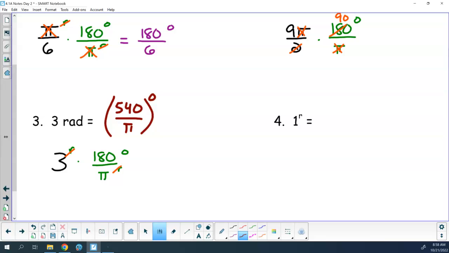Okay. If we want it rounded, then that would be 171.887. Because we would literally type in our calculator 540 divided by pi. Okay. We would do the same thing with 1 radian.